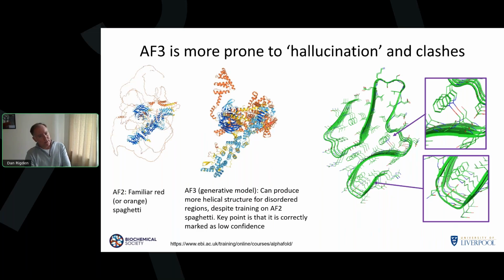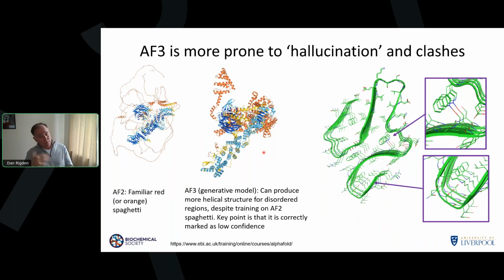So this immediately looks more visually appealing. You say, oh, that looks like a nice model. This doesn't look like a nice model. But these helices are totally fantastical. They don't exist. If you predict these regions with conventional tools, you realize they are disordered and they shouldn't be folding up into something that looks ordered, like all of this helix here.